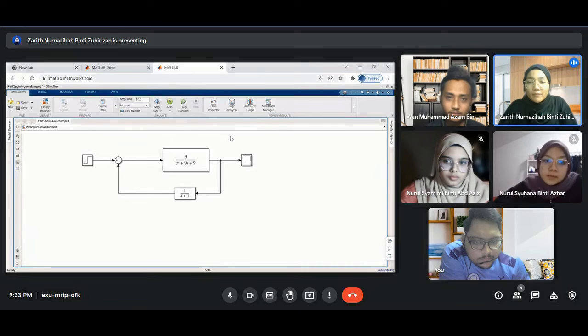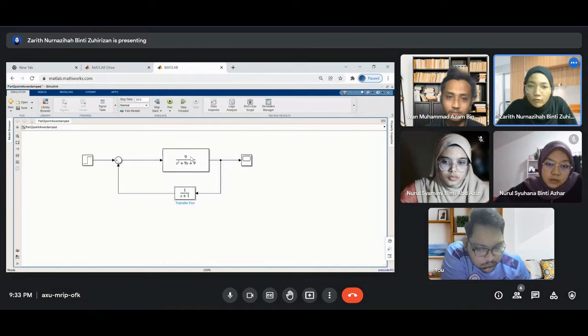Hello, my name is Haris Manajiha binti Iriza and my matric number is CE190061. Okay, this is the block diagram of our damped system. In this case, we just add the 1 over s plus 1 transfer function to the system. The equation for our damped system, we just use the same as in the part before.